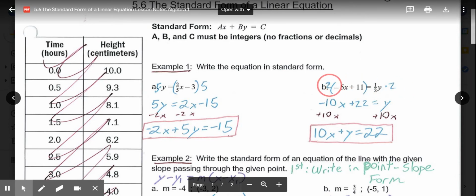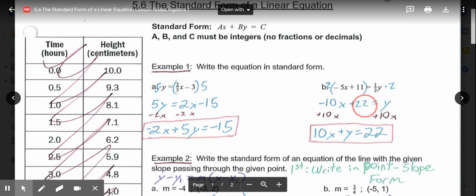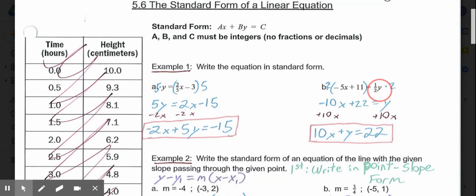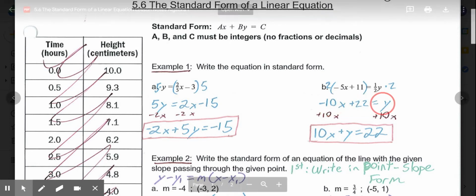So on the left, we have 2, then in parentheses, negative 5x plus 11. So I need to distribute the 2. 2 times a negative 5x is a negative 10x, plus 2 times 11 is 22. On the right, 1/2 y times 2 leaves me with just 1 y. So I have a negative 10x plus 22 equals y.